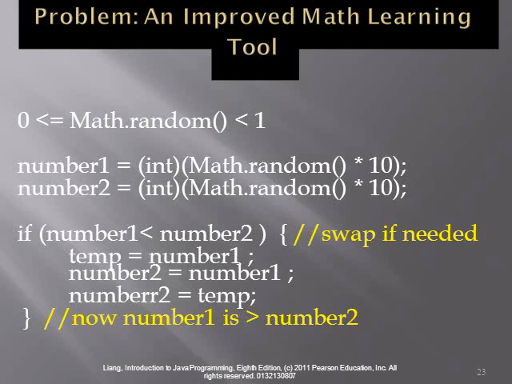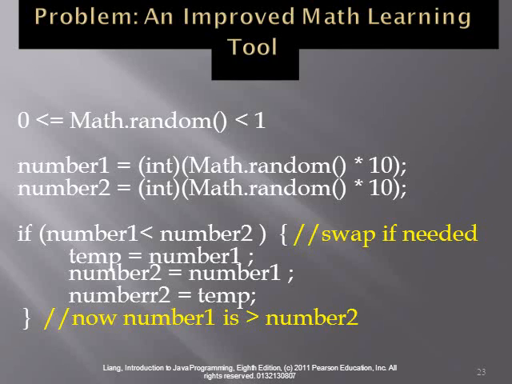Okay, this is the second little math tutorial program for first graders, kind of teaching them how to do subtraction. The first thing to notice new in the program is that it uses the random method of the math class, which is built in, to generate a random number. Now, random generates a number between 0 and 1 as a decimal. To get an integer that the first graders are going to understand, we need an integer between 0 and 9.